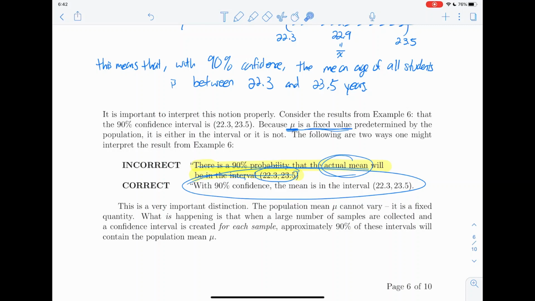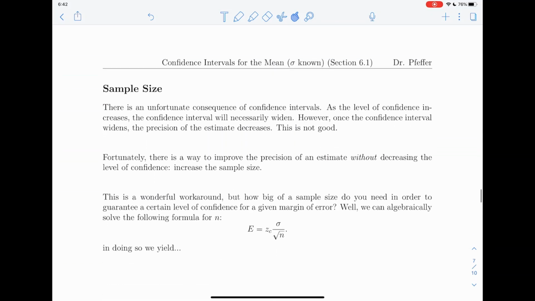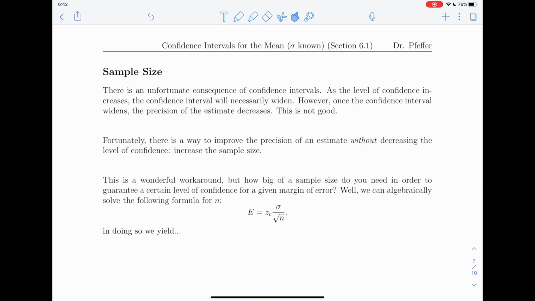Now there's one last thing we have to talk about in section 6.1, because there's a glaring flaw in everything that we've done so far. The unfortunate consequence of confidence intervals is the following. As the level of confidence increases, which predictably is what you want to be ever more confident, being 95% confident is better than being 90% confident.